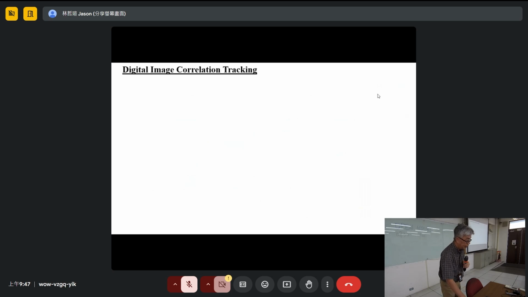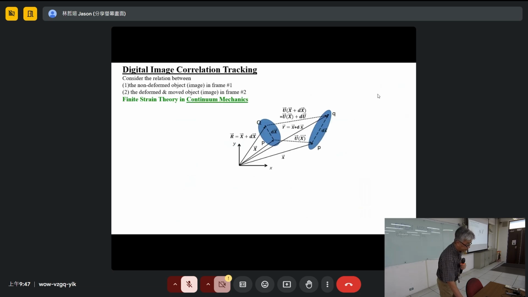And then later, digital image correlation was invented, because people noticed that when the image moved, it would not only translate, it would also change shape and rotate. That's the most challenging case. Let's say here's a potato that we captured in frame 1. Later that potato rotated and elongated.